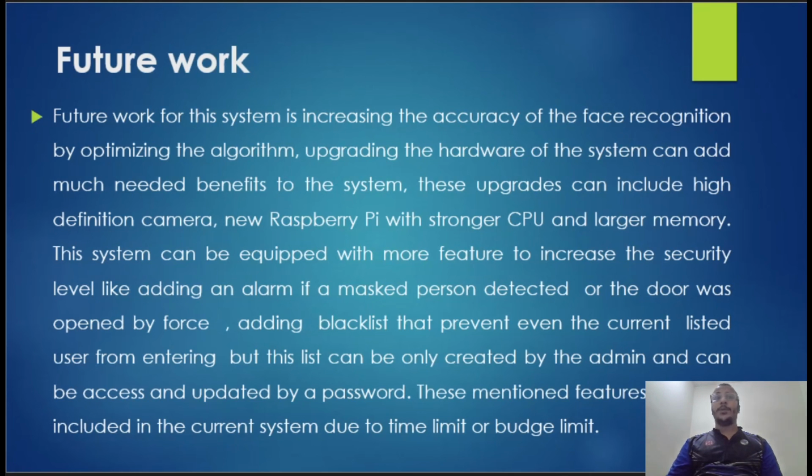We can optimize the algorithm by upgrading the hardware and using a better camera. It can help us a lot in increasing the accuracy and the speed of the program. Also, maybe if we upgrade the Raspberry Pi to a newer version with a stronger and faster CPU, it can help us a lot in detecting more faces and more users.